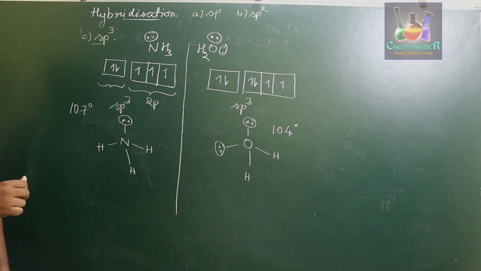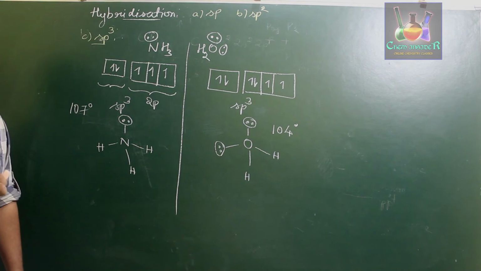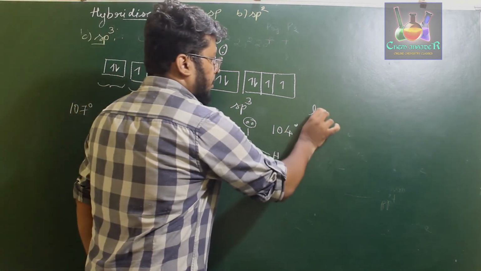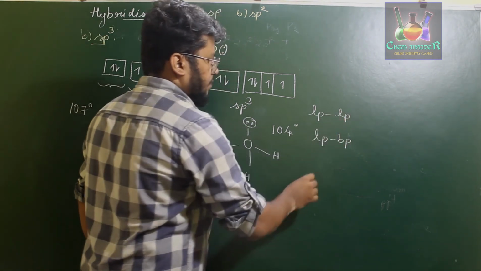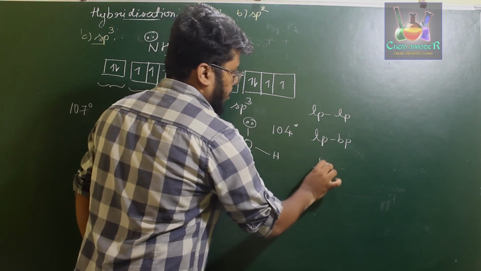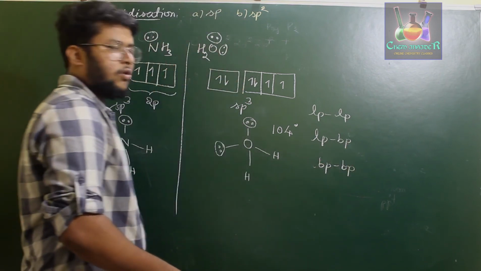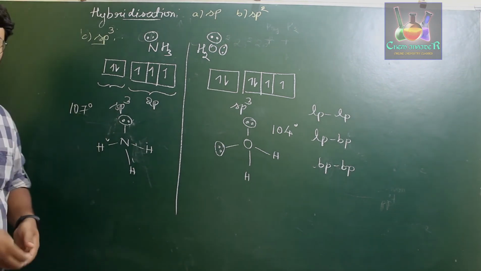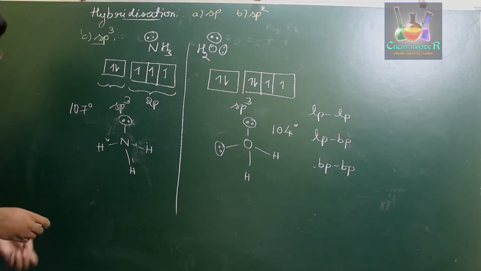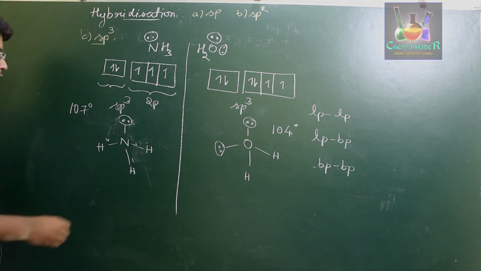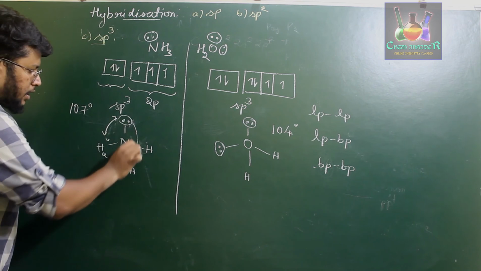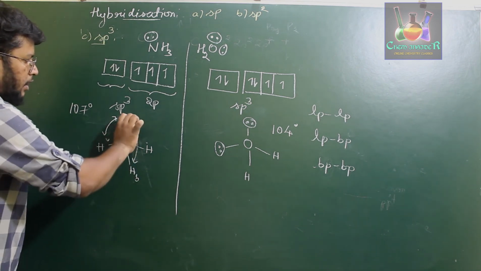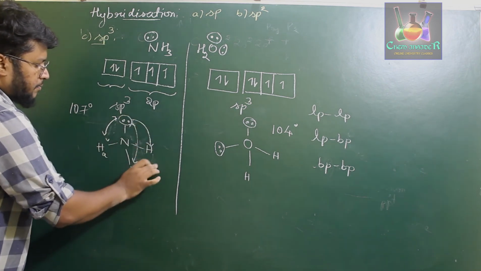The reason is the lone pair repulsion. As we have discussed in earlier classes, lone pair-lone pair repulsion is greater than lone pair-bond pair repulsion, which is greater than bond pair-bond pair repulsion. So if we consider ammonia, we experience 3 lone pair-bond pair repulsions: this lone pair with Ha, with Hb, and with Hc.